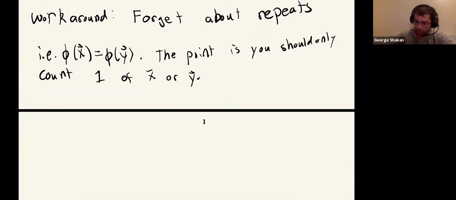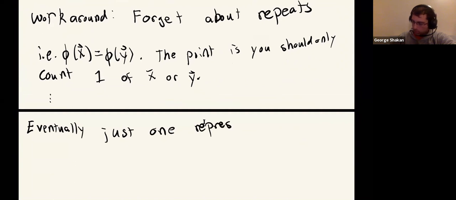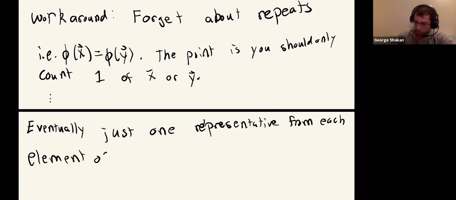So eventually, I'm going to skip some details because it's just a talk. Right, so you just have one representative from each element of the n-fold sumset.